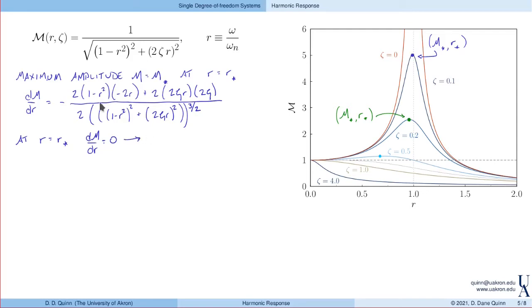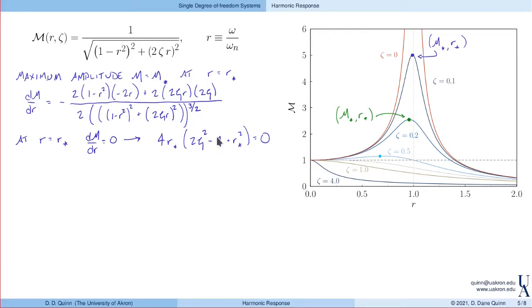In particular, we can simplify what we have here into the following form. So again, if r is equal to r star, then we want 4 times r times the quantity 2 zeta squared minus 1 plus r star squared equals 0. So again, just take this numerator and you can factor out a 4r from each one of these terms.